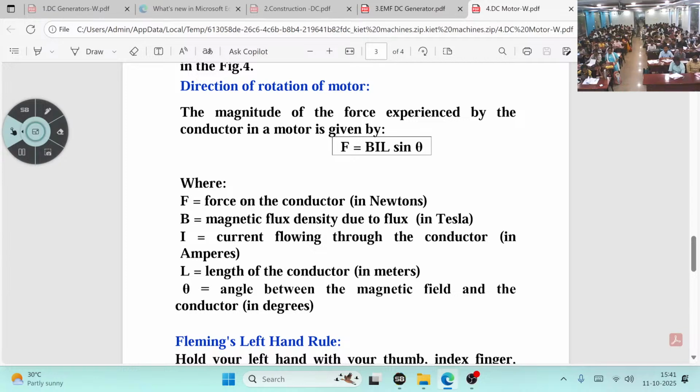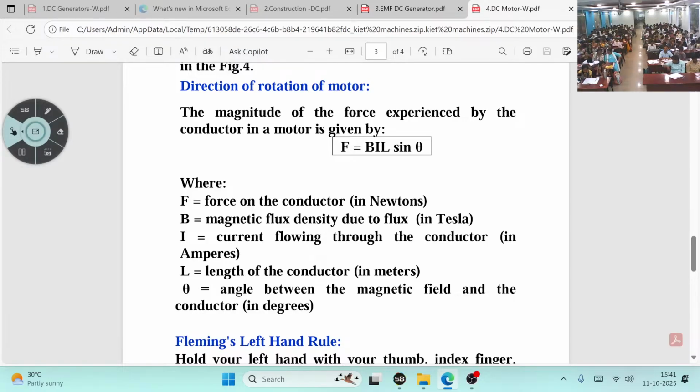What are the different parameters? That force can be written as BIL sin theta.